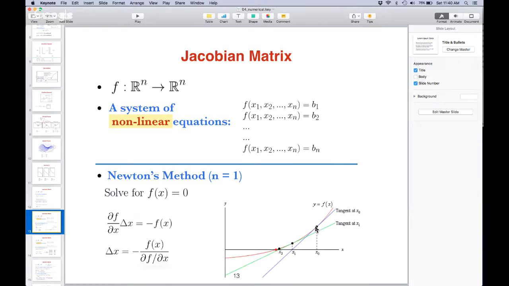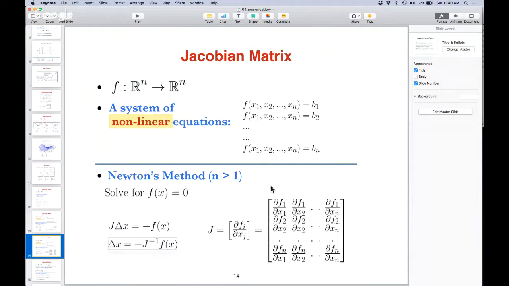So if your function is ascending, which means the first derivative of your function is positive, you should be moving backwards. So this is for the one-dimensional case.